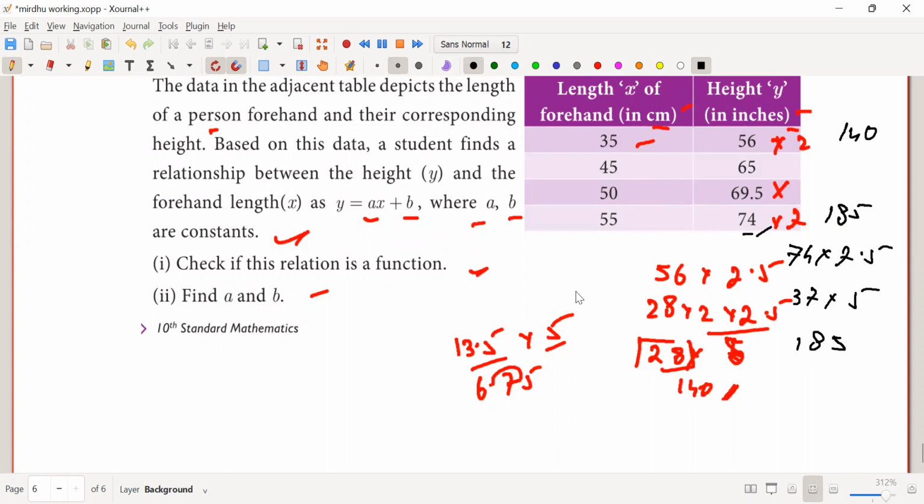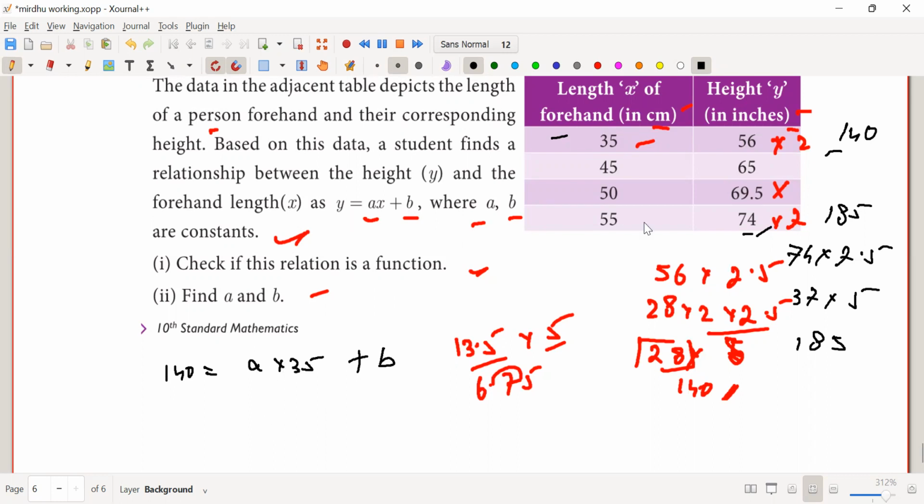What they have given is, if I substitute 35 and 140 in the equation y equals ax plus b, then 140 equals a into 35 plus b.